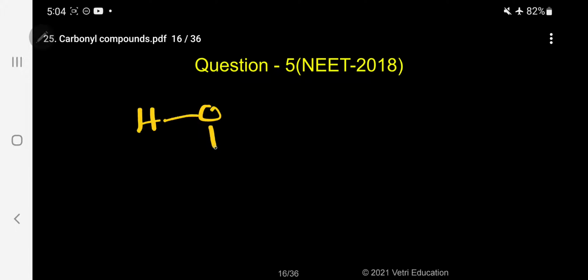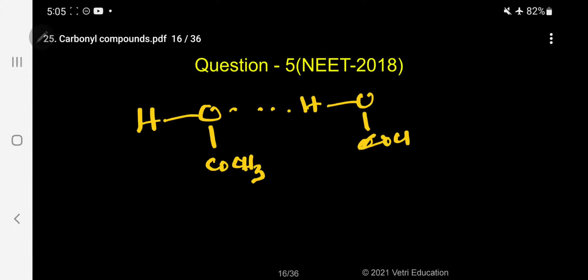This is the acid. So I can write now CH3COOH... dot dot dot H O COCH3. That is dot dot dot, it is going. So this hydrogen, this is called hydrogen bonding.